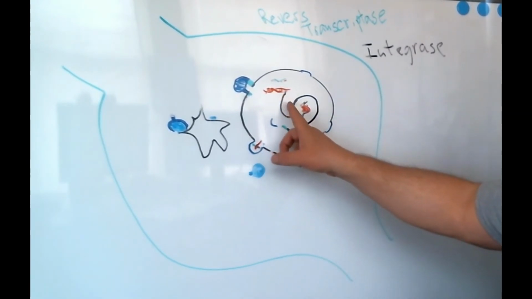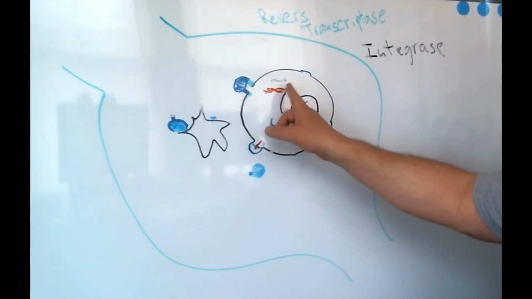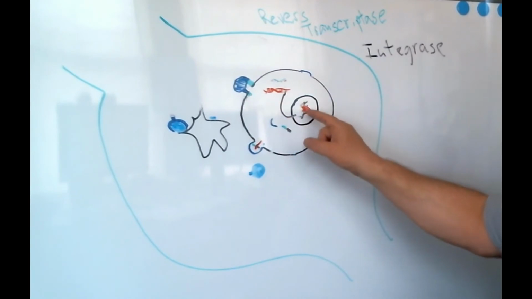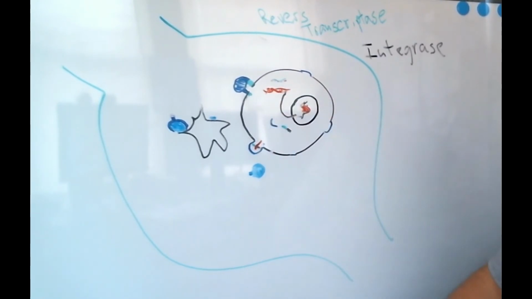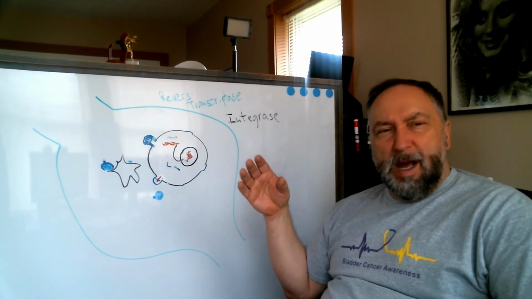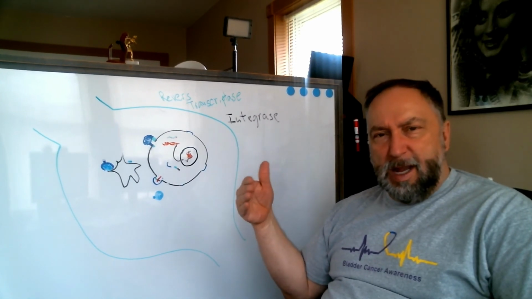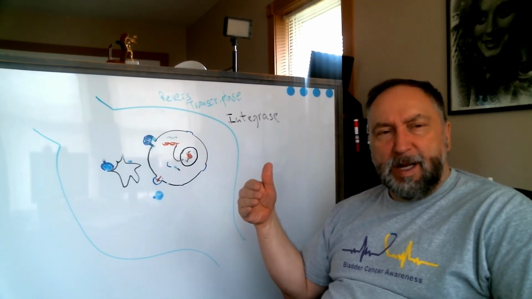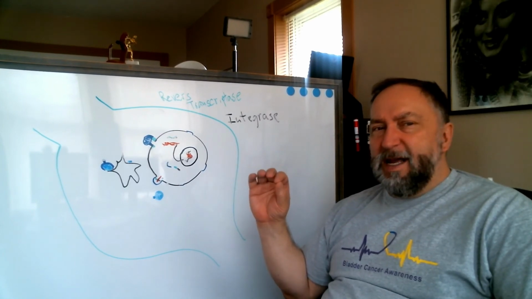So I talked about how, after this is made, integrase comes in here and integrates the newly formed DNA into our own, or the cell's DNA. So we have another medicine that does this, stopping the reverse transcriptase, and it's called Truvada.